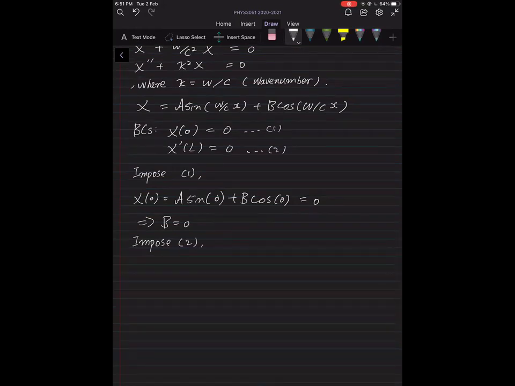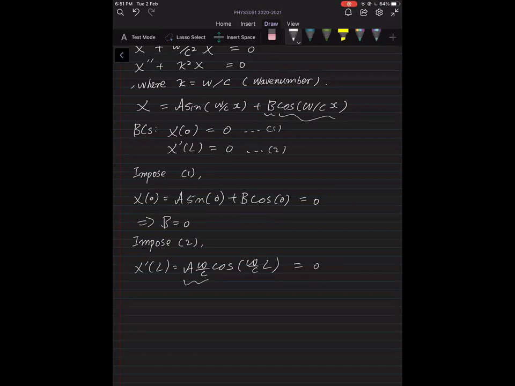So we have b equals 0 here, so we do not have the cosine term. So x prime of L equals a omega over c times the derivative, cosine omega over c L equals 0.